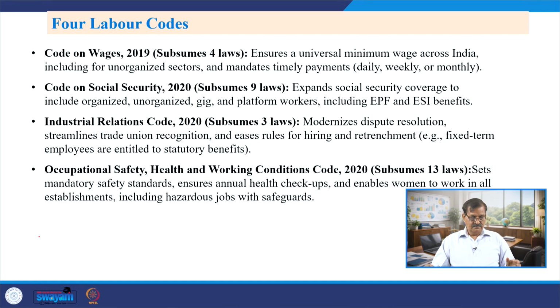So this Occupational Safety, Health and Working Conditions Code is also an important reform, especially protecting the workers, their health as well as safety, including the occupational safety of female workers and late night work safety. All these are important aspects of the labor reform.